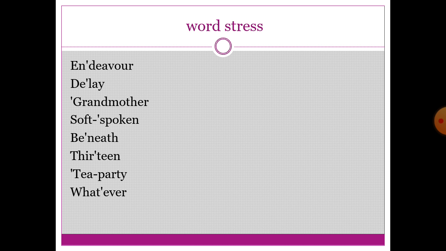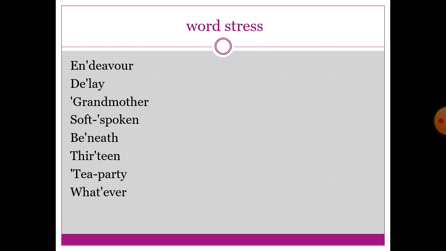Now look at the third word, that is grandmother. Grandmother is a compound word. Grandmother, grandfather, grandson. These are all compound words. So when there is a compound word and this is a noun, as in he is my grandmother, it's a noun here.